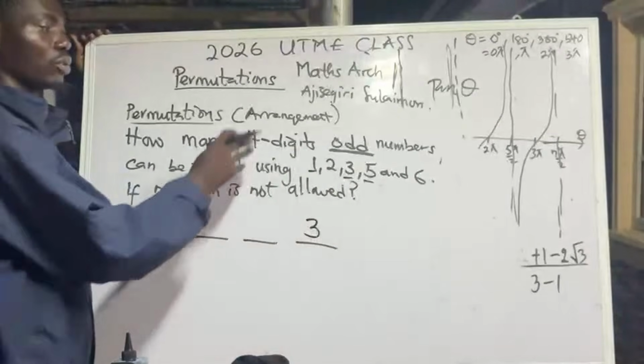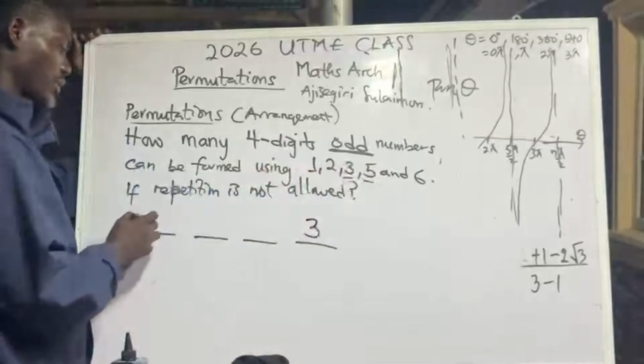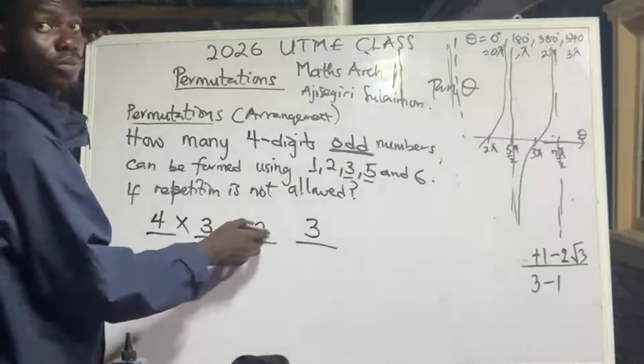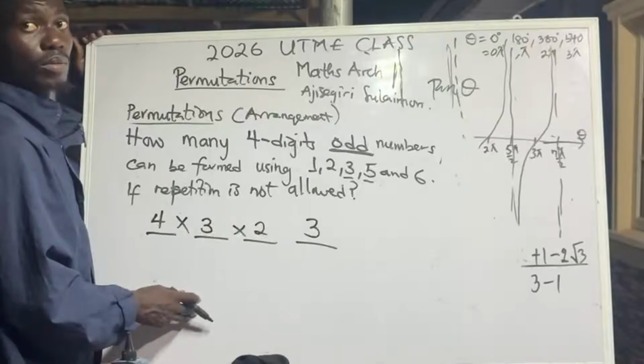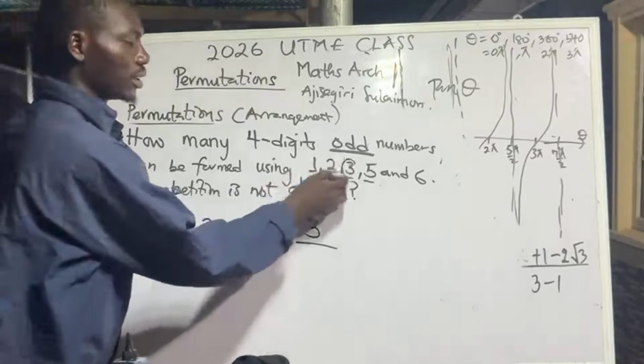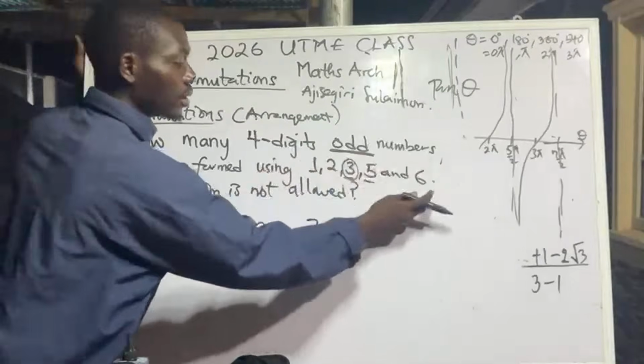Coming back here, if you use one of the odd digits, you have 5 values left. Then this one has 4, this one has 3, and this one has 2. If we use 3, then you have how many options left? 1, 2, 5, 6. Why?